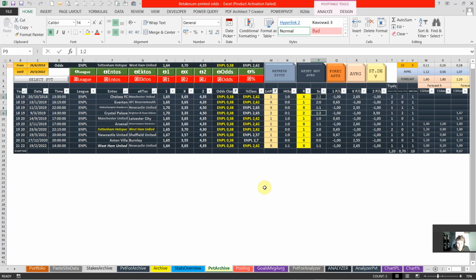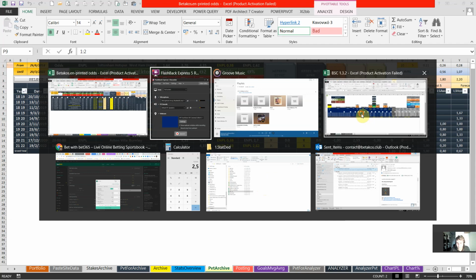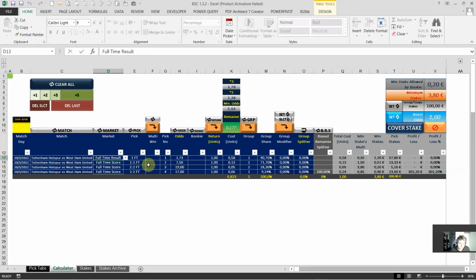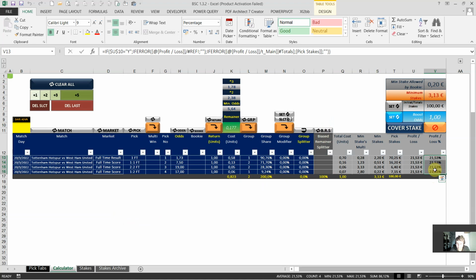So now it's time to visit the Betakos Stake Calculator. As you can see here, I have already set my 4 selections. I'm going to refresh this. We can see that based on these 4 selections, if one of these selections is going to be the winner, this is the net profit margin I would gain.